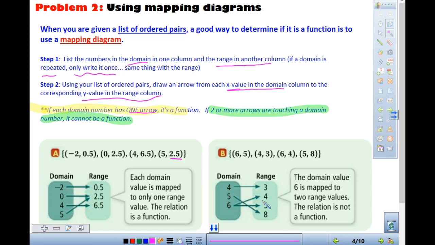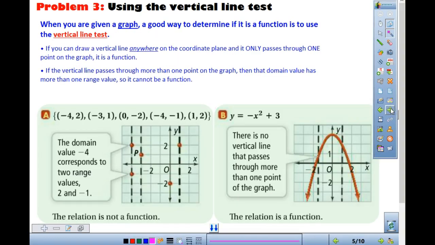I don't know if the first time I'm going to get it or the second time, but I don't get the same thing. This one is not a function, okay? Because I have 2 arrows coming from the 6, okay? So that is really key to go back to this part when you're trying to decide tonight in your homework, is looking at that. So, that next page down.